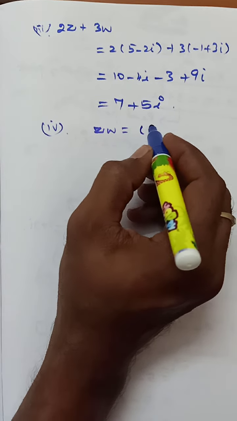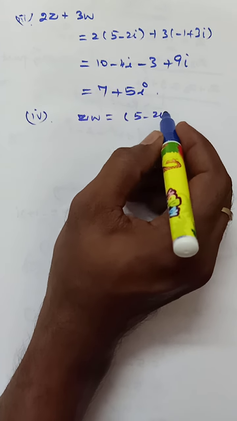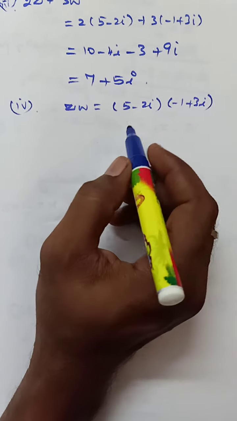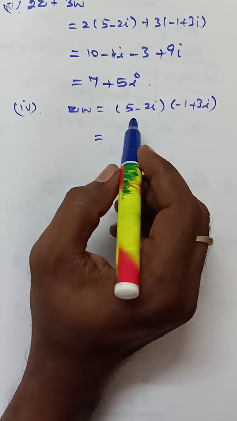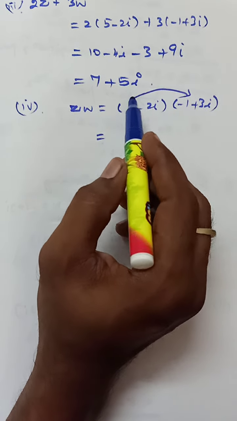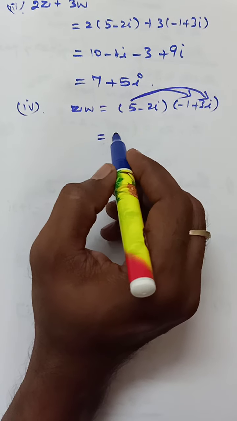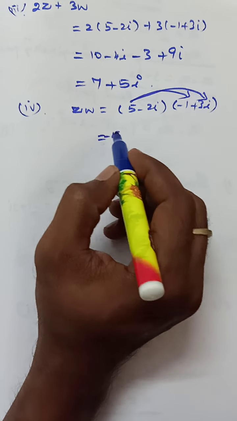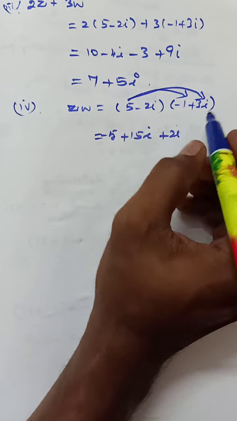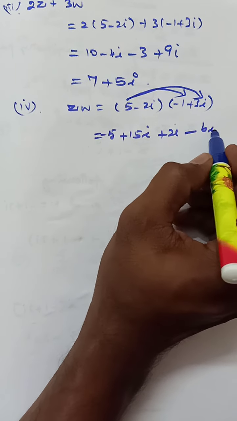zw is 5 minus 2i into minus 1 plus 3i. Multiplication we can do with real and imaginary: first real into real, real into imaginary, that is minus 5 plus 15i plus 2i minus 6i square.